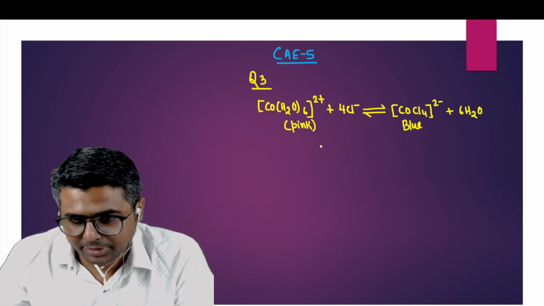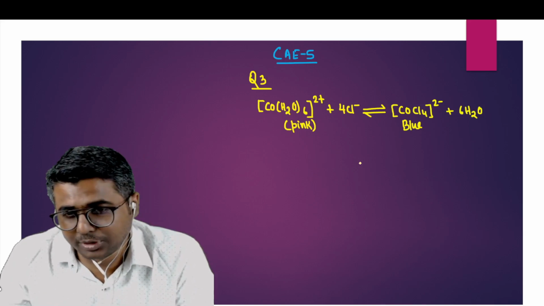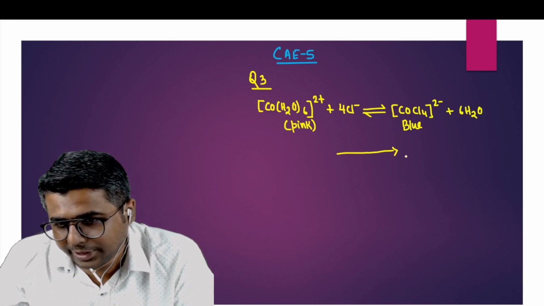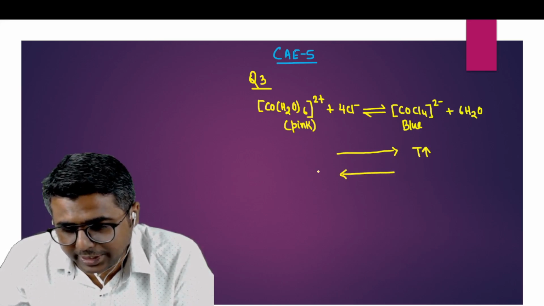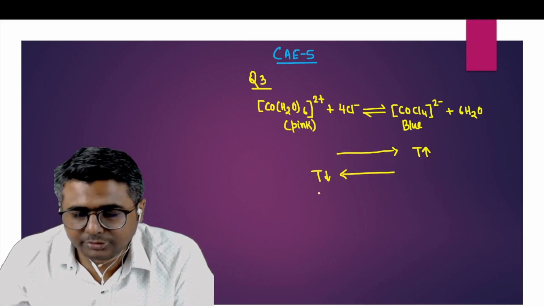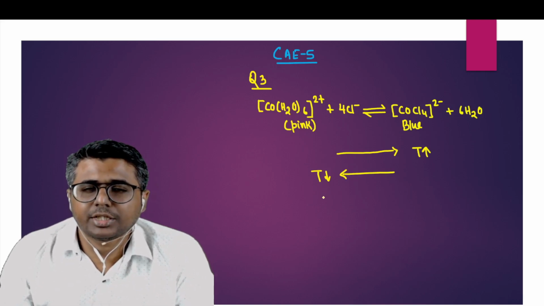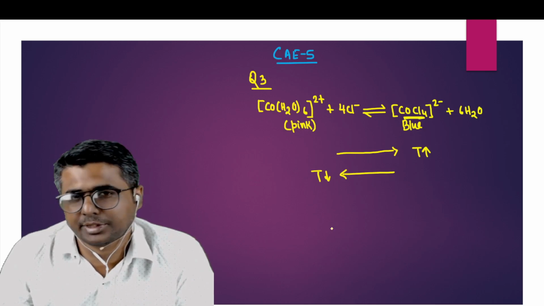Very good. The solution is blue when it is at room temperature. So this is going to this side when temperature increases. It is going to this side when temperature decreases. So if I increase temperature, the solution is going to be this one. That means the forward reaction will happen if I increase temperature.